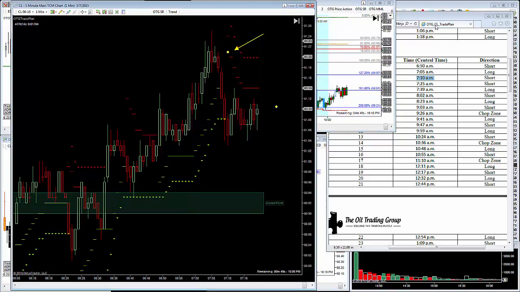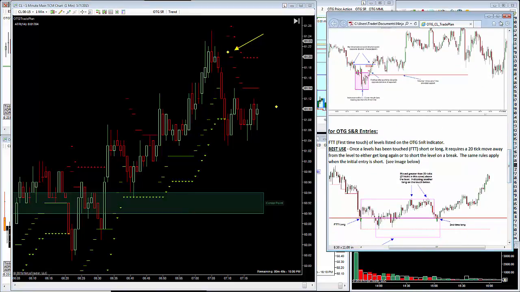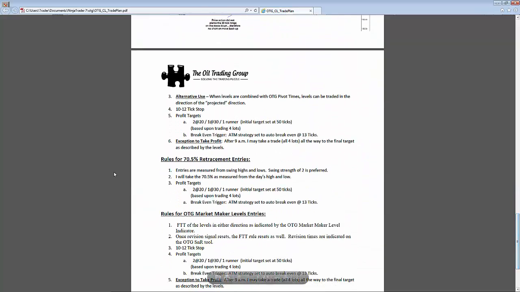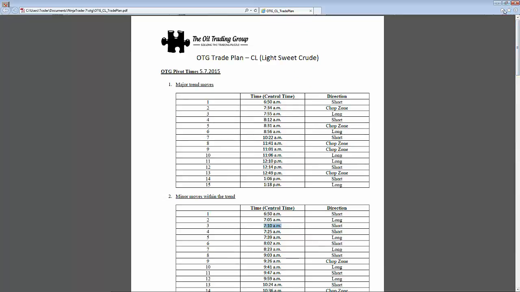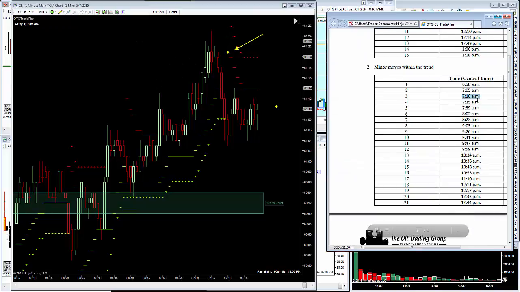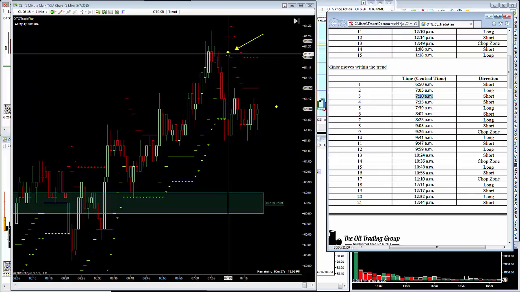Really quickly, we give you rules on how to get into a 70.5 entry, and that is right here on your trade plan. There are the rules for that. Going back to your trade plan, 7:10 a.m. is where we were expecting a move in the market. We expected that move to be short, and bang, there it is right there at 7:10.